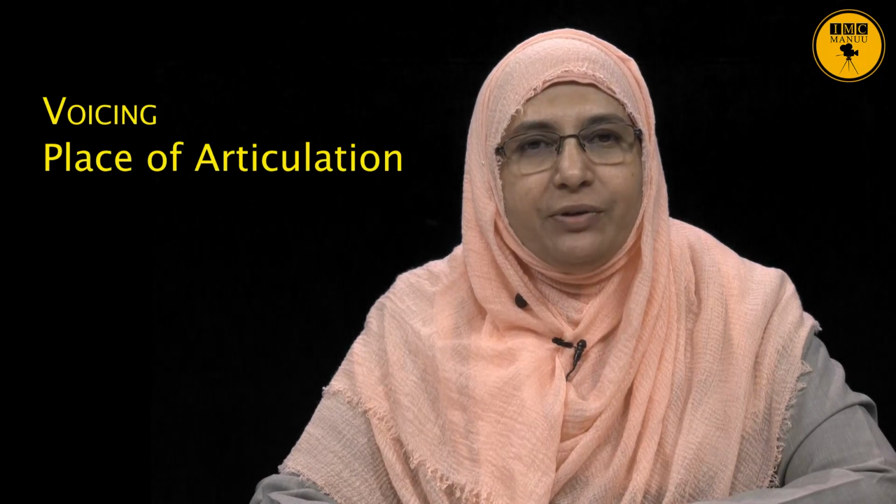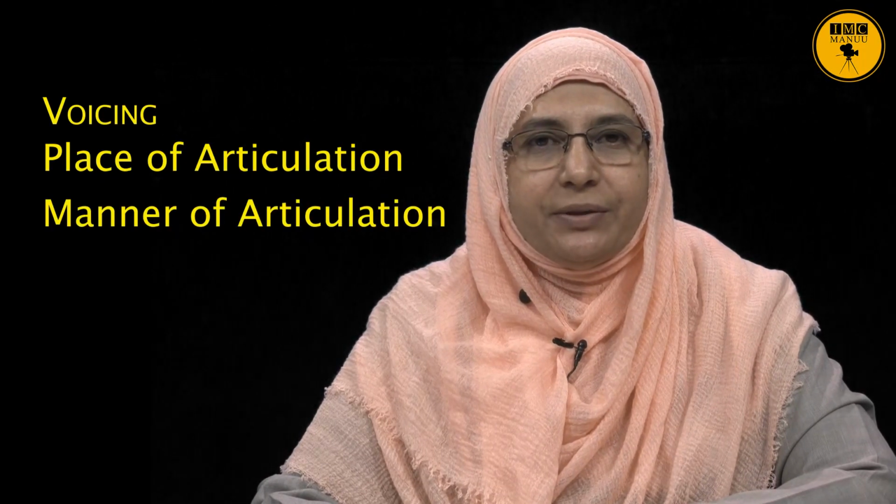Is that clear? In the course of 3 lessons now, based on Unit 1, we have looked at the classification and description of consonant sounds in English. We have seen how classification can be broadly into 3 categories: voicing, place of articulation, and manner of articulation. Under voicing, we have studied how there are both voiceless consonants as well as voiced consonants.